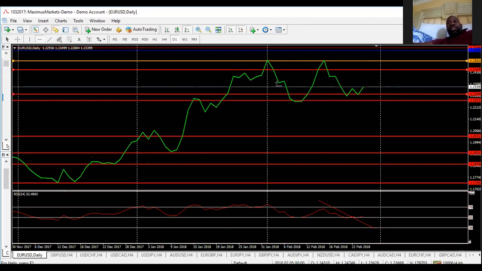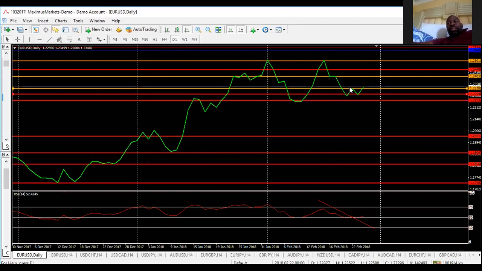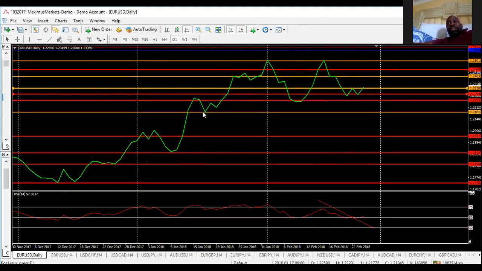Then I'll draw for this. I've changed my line to yellow. So that's for weekly. That's for weekly. That's for daily. That's for daily. Then this is also a point on the daily.